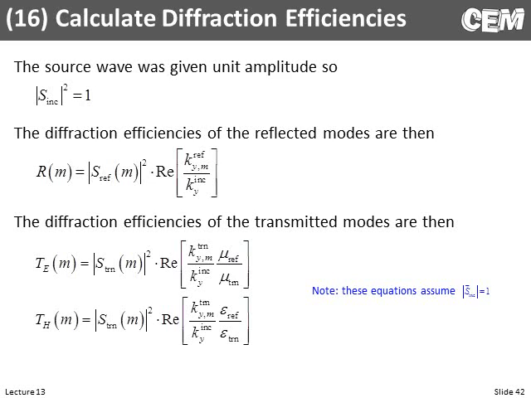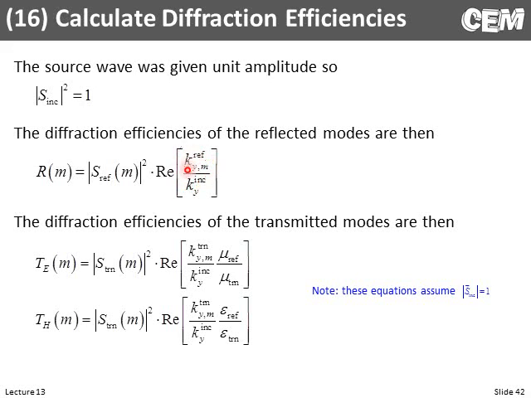Now we have all the information we need to calculate the fraction efficiencies associated with each spatial harmonic. Well, one thing we did, we made our source have unit amplitude. So this S int squared just equals 1. And in fact, we don't have to write it in our diffraction efficiency equations anymore. So dropping it, our diffraction efficiency equation becomes this.